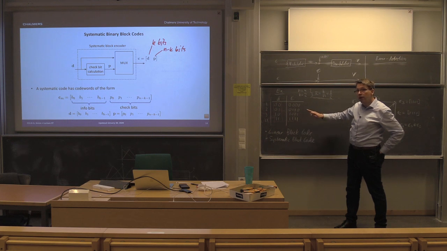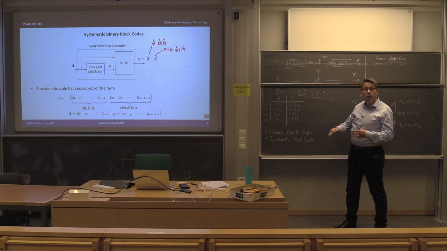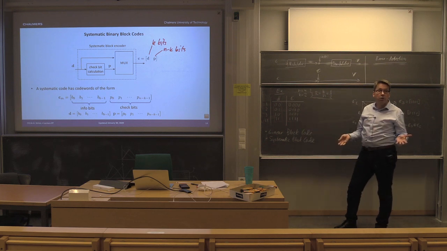Right? So I'll say that again, because it's super important, right? We know that we transmit one of these code words. The receiver does not know which, okay? But it knows it's one of these 4. If y turns out to be not one of these 4, we know that an error has occurred.